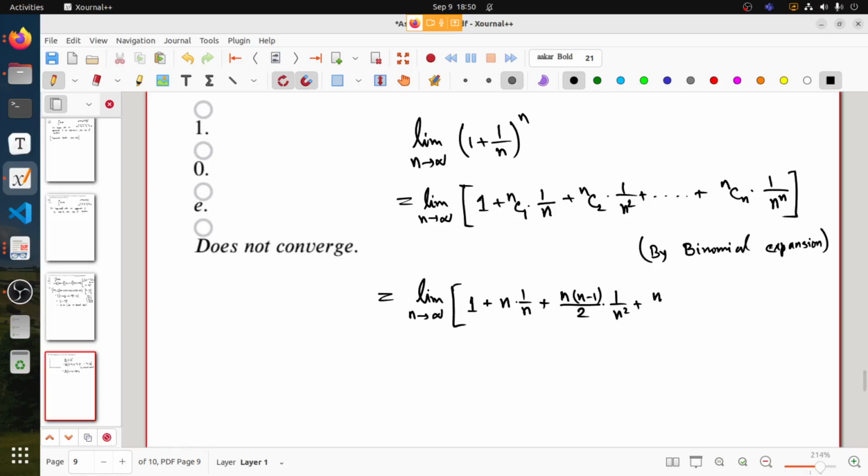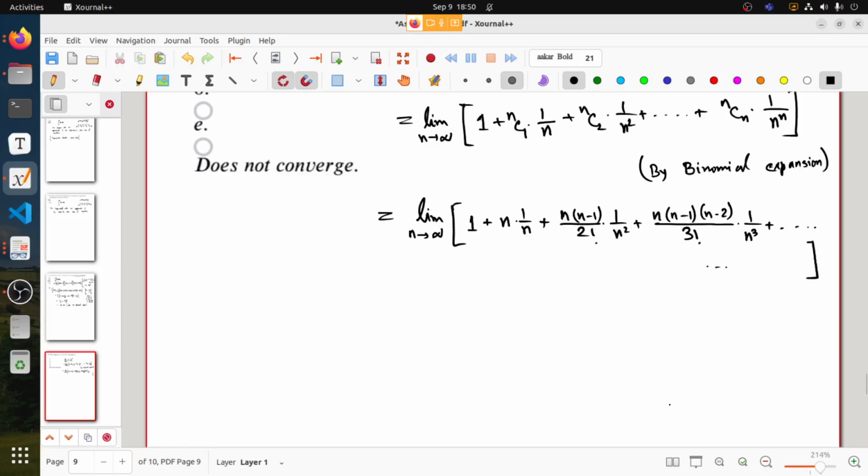So it will be n into n minus 1 into n minus 2 by 3 factorial, and 1 by n cube will be there, plus dot dot dot. You can do this up to nCn.